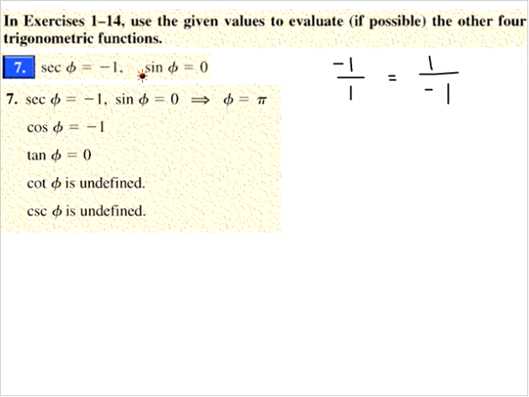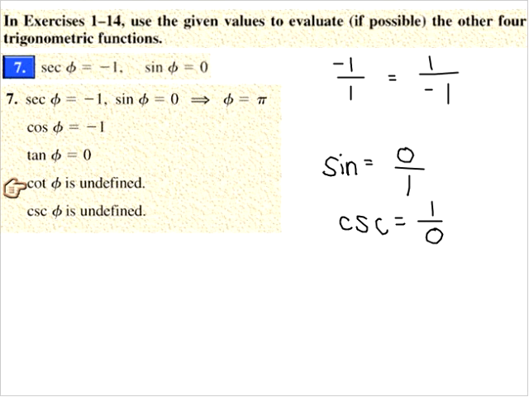Sine, we have 0 over 1, which is the same thing as 0. To find cosecant, we take the reciprocal, and that's 1 over 0, which we know is undefined. So cosecant is undefined.